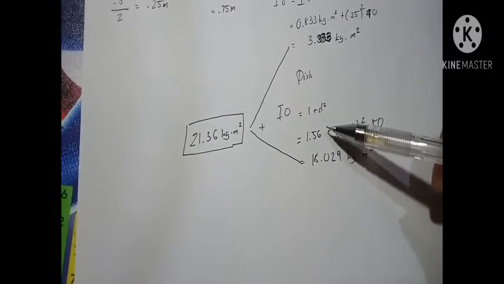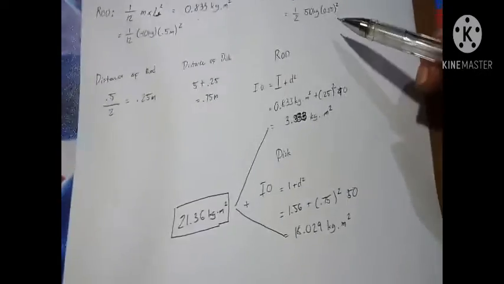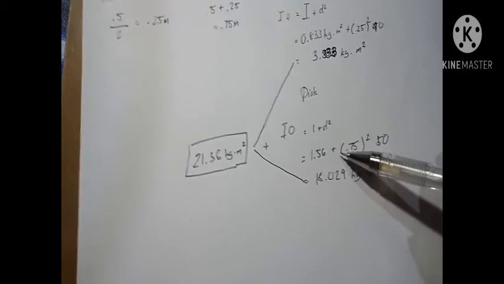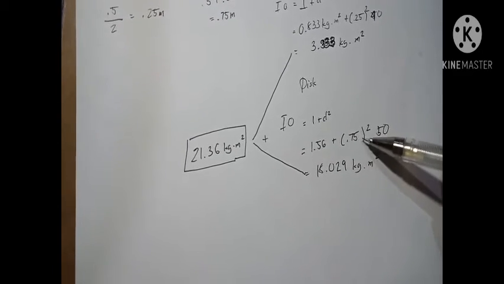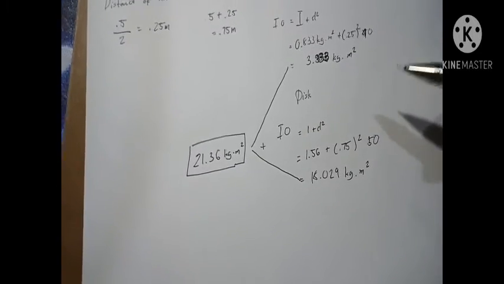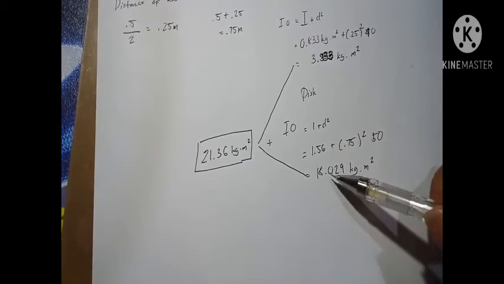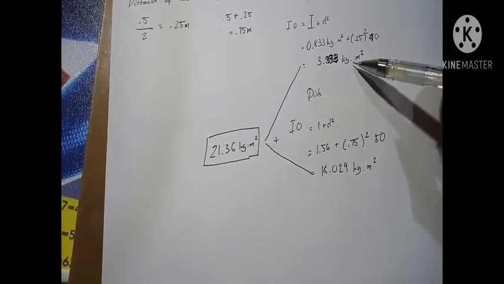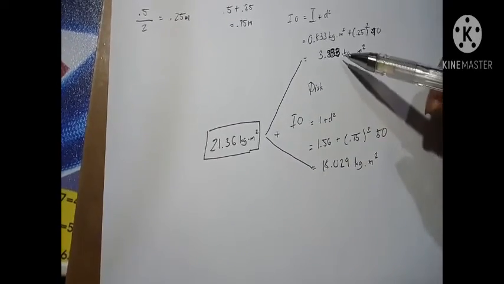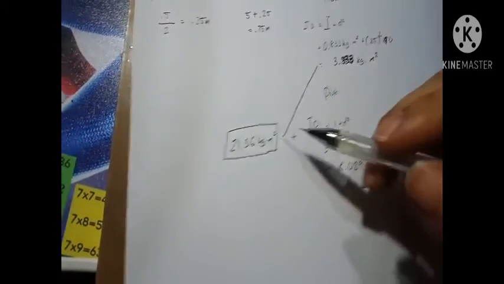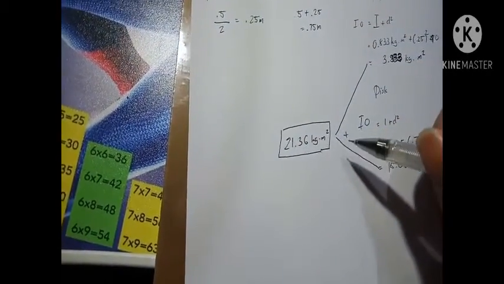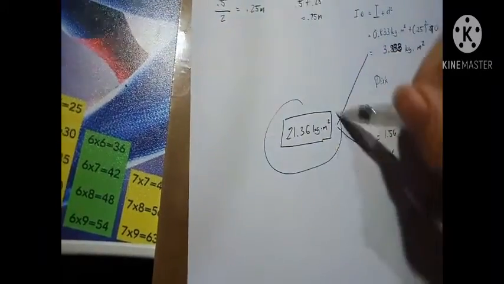And then for the disc, we have the I, which evaluates to 1.56 kilogram meter squared plus 0.75 squared times the 50 kilograms, the mass of the disc, so 18.029 kilogram meter squared. We have to add both answers, so the overall answer will be 21.36 kilogram meter squared. So here's our final answer.